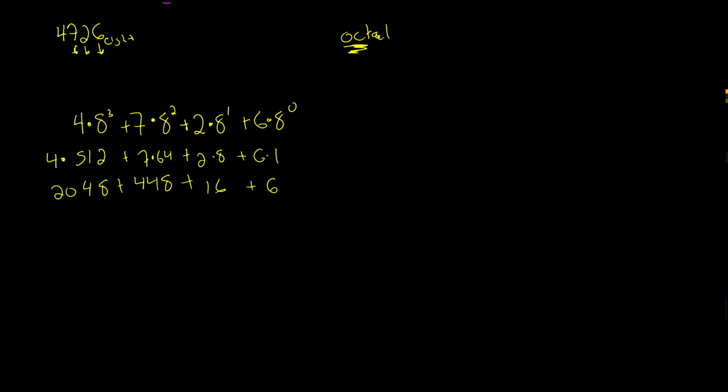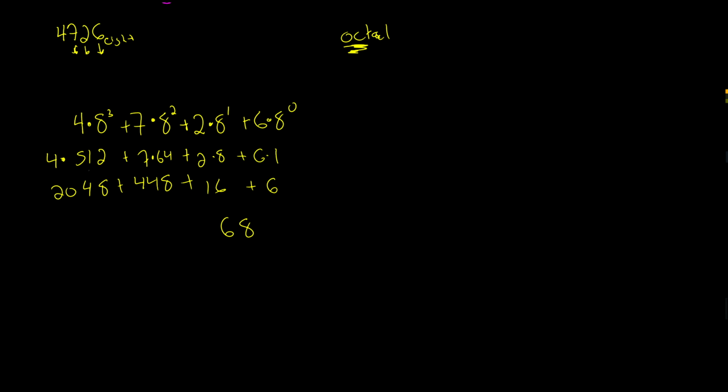And now I'll add these up. I'll go 8 plus 8 is 16, plus 6 is 22, plus 8 is 30... wait a minute, did I miss it? I missed a digit here, let me go back. Let's try this again. 8 and 8 is 16, plus 6 is 22, plus 8 is 28.